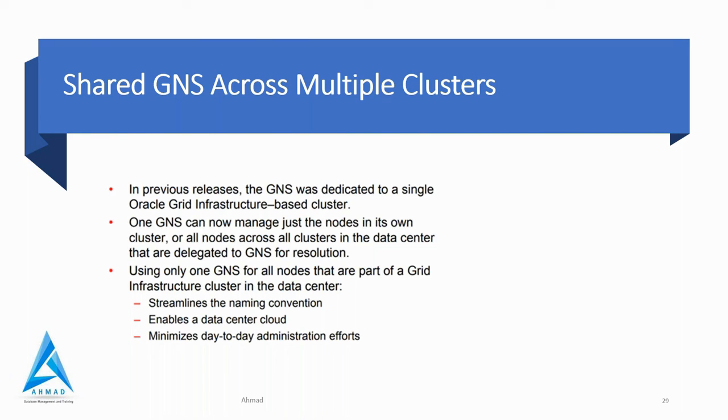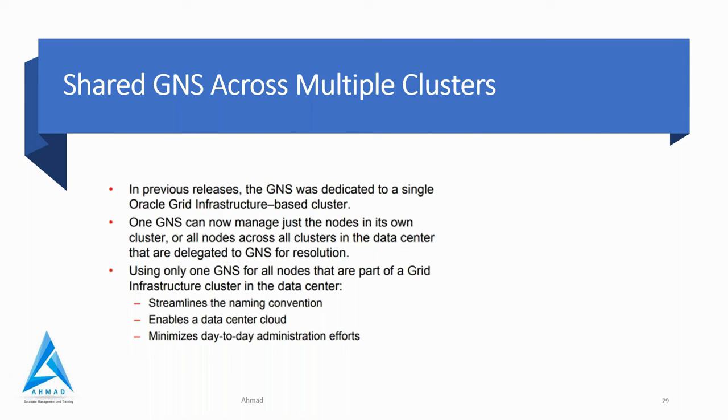So using only one GNS for all nodes that are part of Grid Infrastructure clusters in the data center not only streamlines the naming convention, but also enables a data center cloud, minimizing day-to-day administration effort.